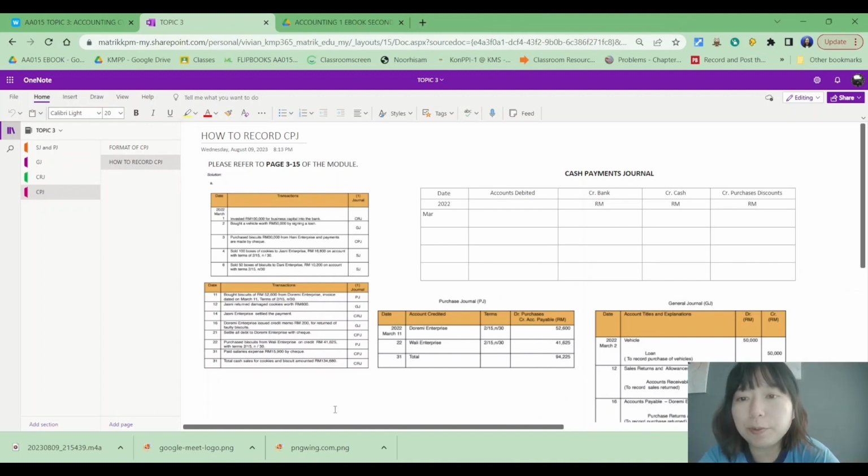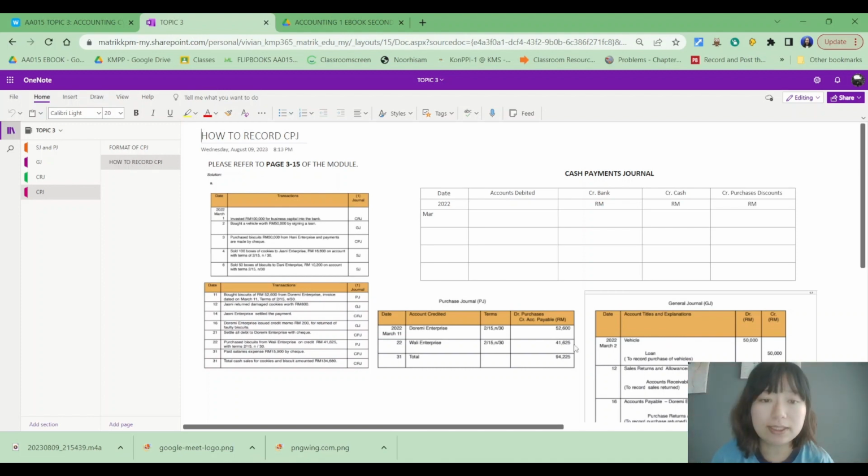So in order to prepare cash payment journal, you need the information from the journals that you have determined. Okay, these answers, your purchase journal, as well as your general journal. So we are going to refer to this in order to prepare our cash payments journal.